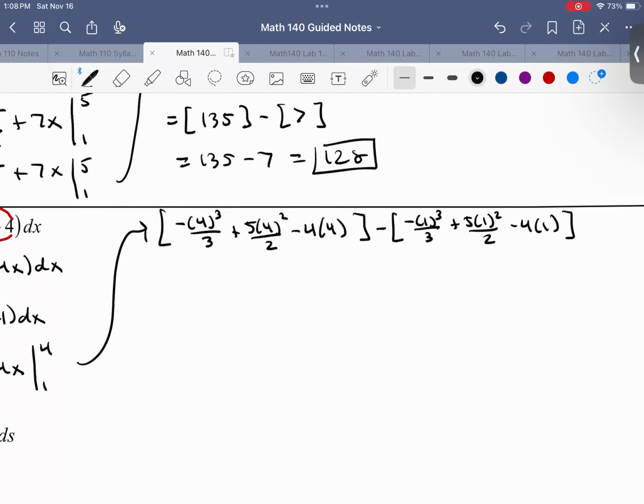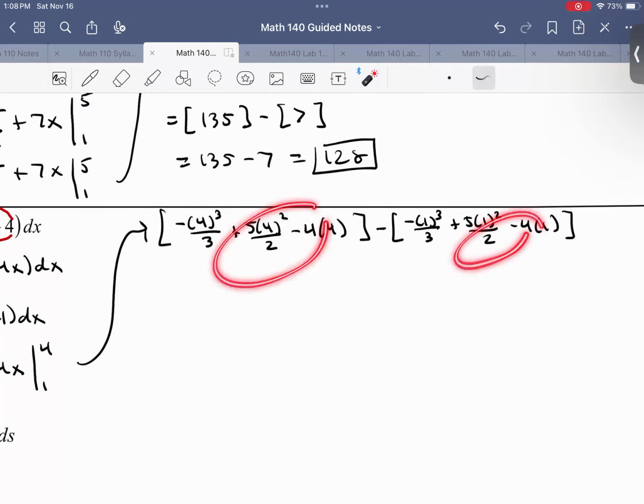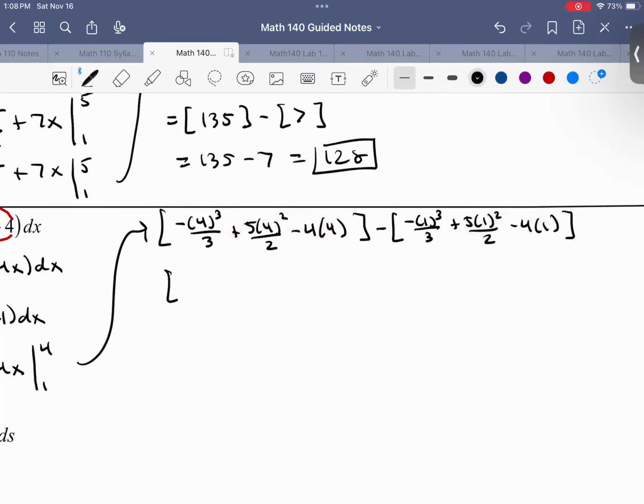I'll leave you to the calculations once again, but you should end up with 8/3 in the first bracket. If you have a decimal, that's okay. I'm forgetting my equal signs again. And you should have negative 11 over 6 in your second bracket. Once again, if you're using decimals, that's okay. I'm just keeping it exact.